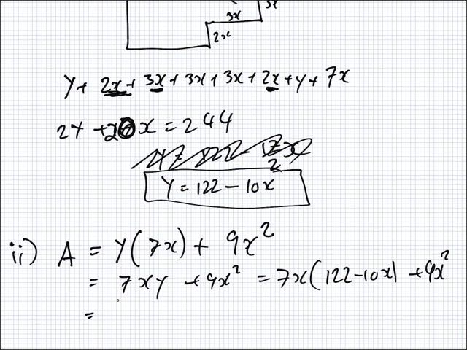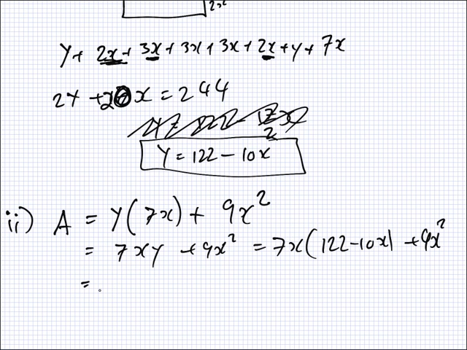Oh, too tired. 854? No. Yeah, no. 864x? No. 924x, is it? Minus 70x? What's 7 times 122? 854.